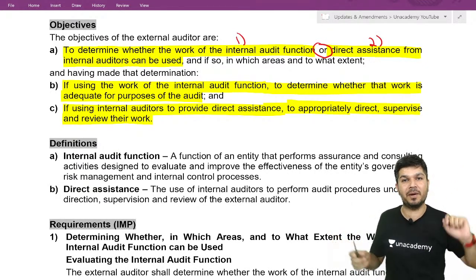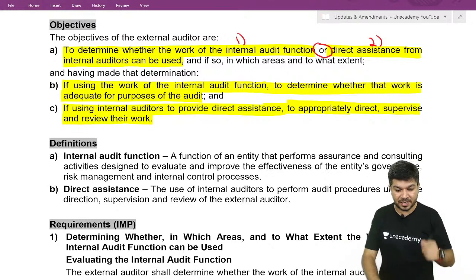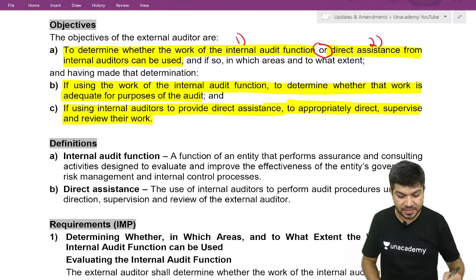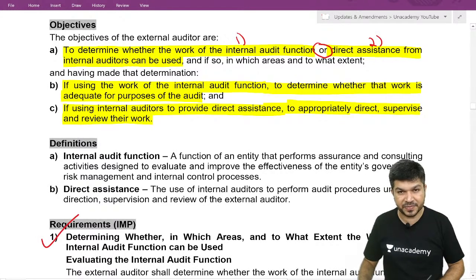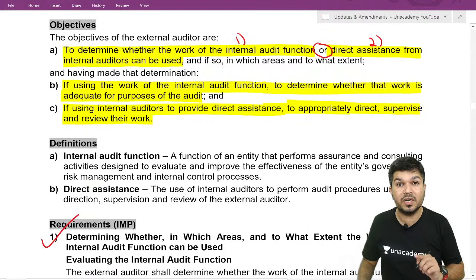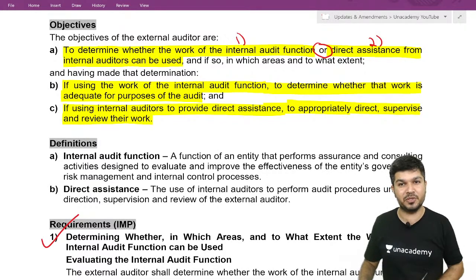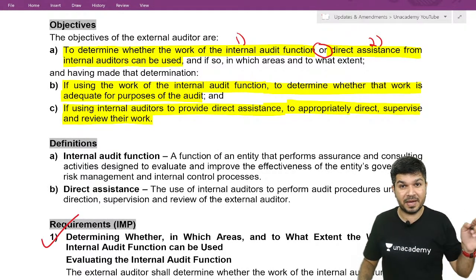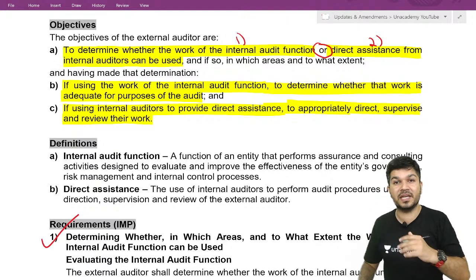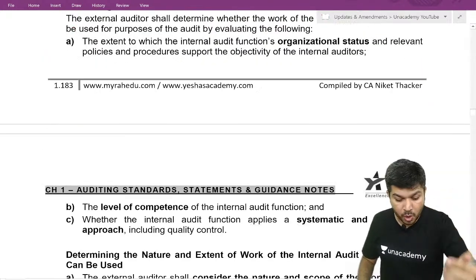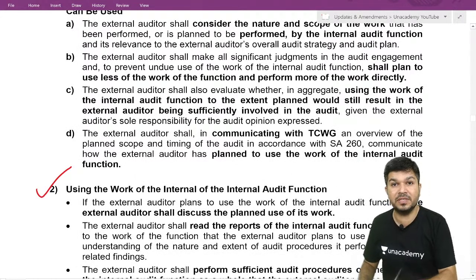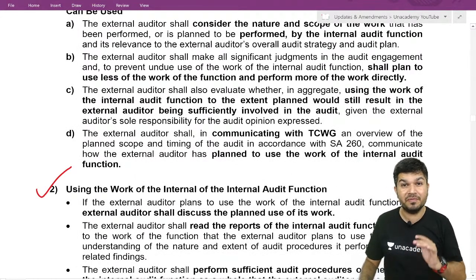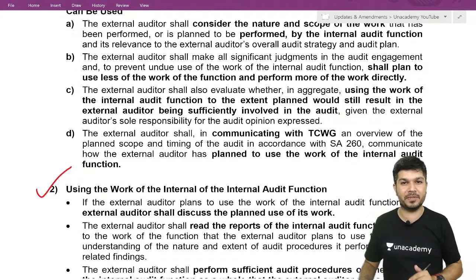If you see the requirements over here, there are 4 requirements given. Check first one. Determining whether, which areas, what extent the work of the internal audit function can be used. Now, if using, what to do, that's the second requirement. When using the work of the internal audit function, I need to evaluate their work is adequate for my purpose.